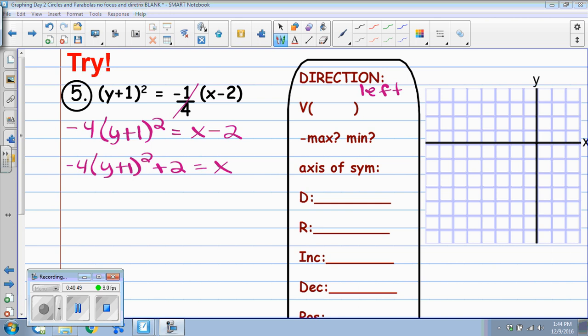The vertex is, now this is when you have to be careful. Don't say it's -1, 2. It's not. The y coordinate for the vertex is -1. The x coordinate is 2. So it's 2, -1.